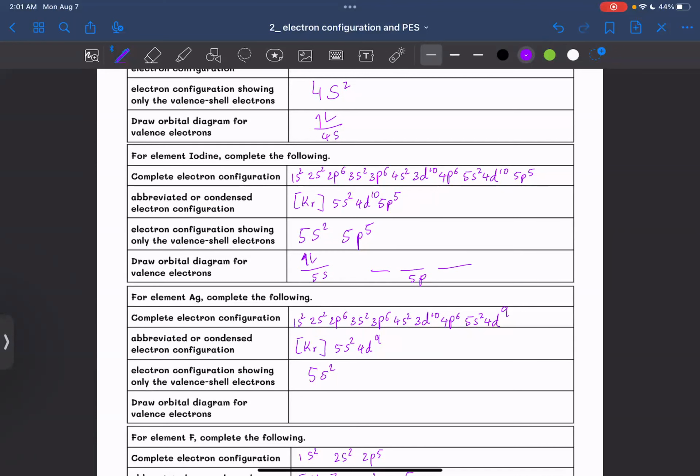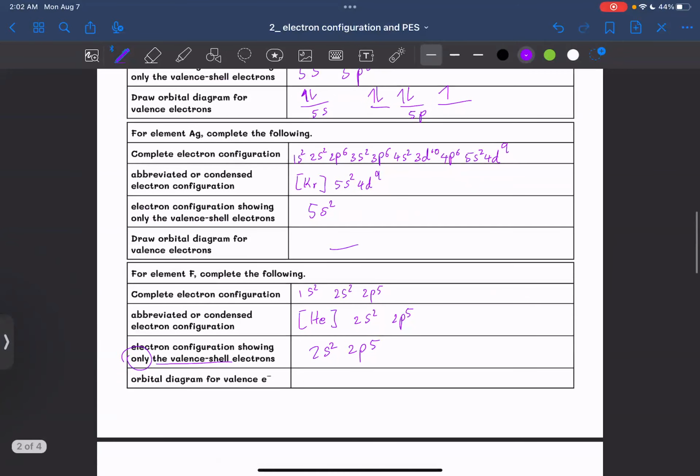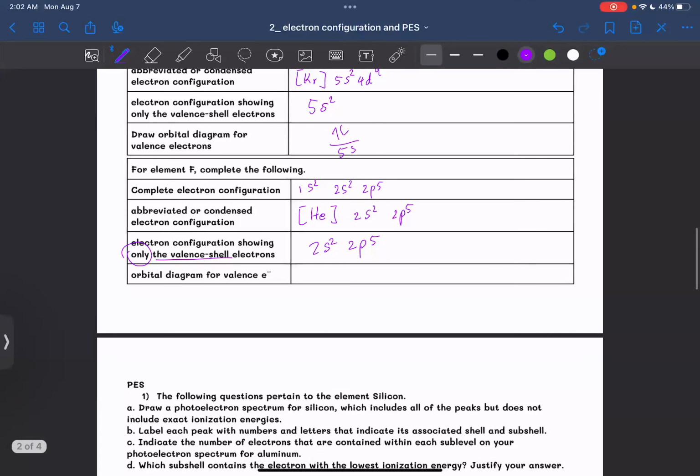P5, up first: 1, 2, 3. Now you can draw down: 4, 5. Done. 5s2, easy, up, down. 2s, up, down. 2p5: up, up, up, down, down. There's 5.